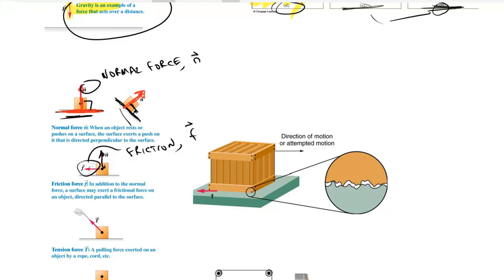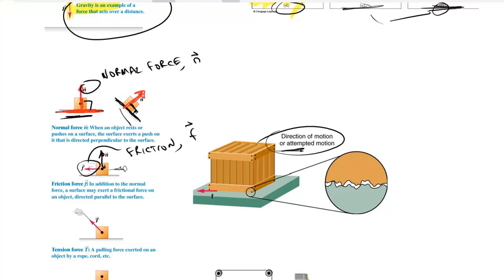So we see here this box is moving off to the right, and so the frictional force is to the left. So the frictional force is parallel to the surface, and it opposes motion. And we'll investigate this in more detail later, but if we have this direction of the motion or the attempted motion, if we just push on it but we're unsuccessful in actually moving it, there would be attempted motion.